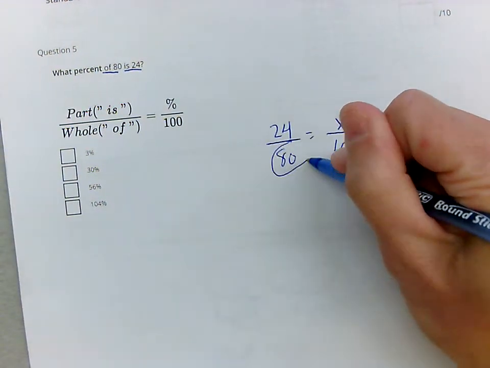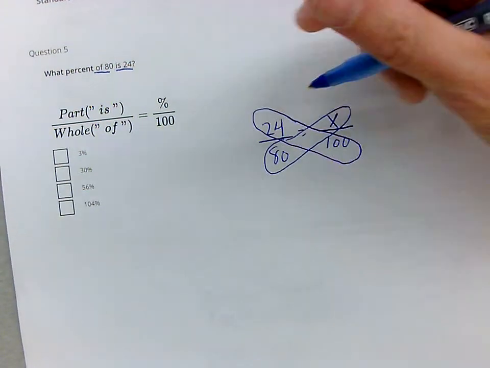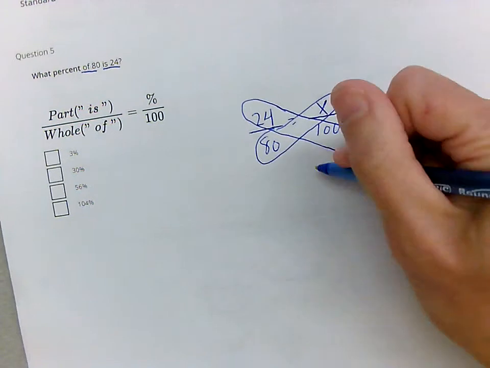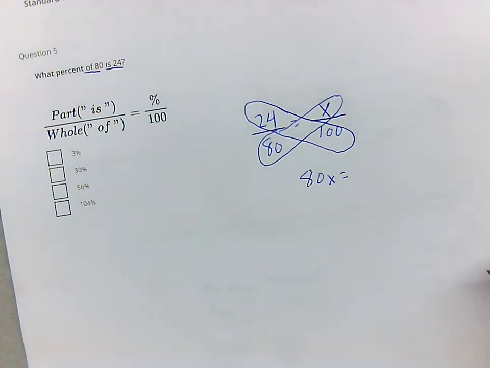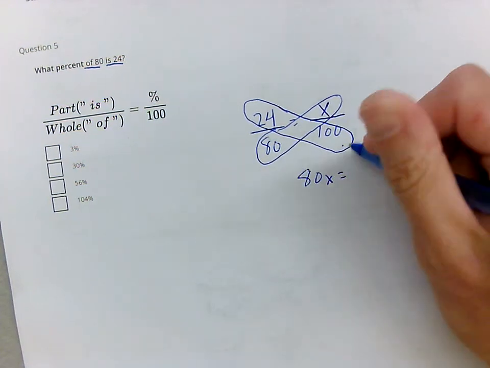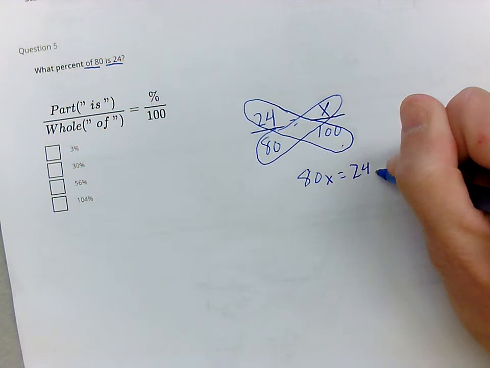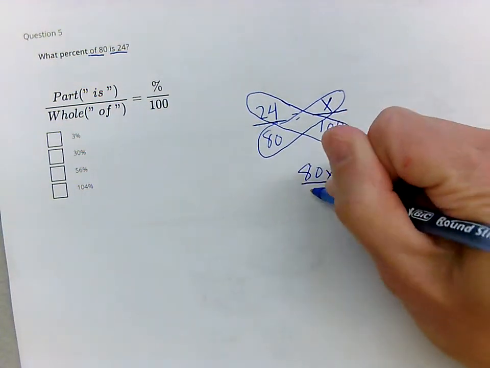So here again, we're going to use that butterfly method and we're going to cross multiply and solve. So we're going to do 80 times x and get 80x. We're going to do 24 times 100. And so add 2 zeros to 24, 2400. And we're going to finish it out by solving.